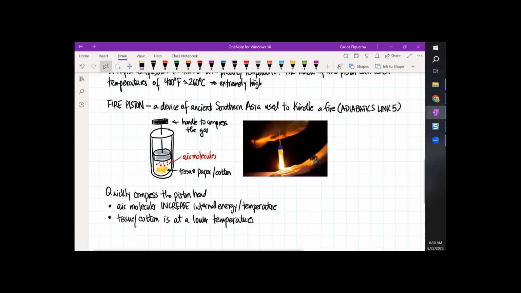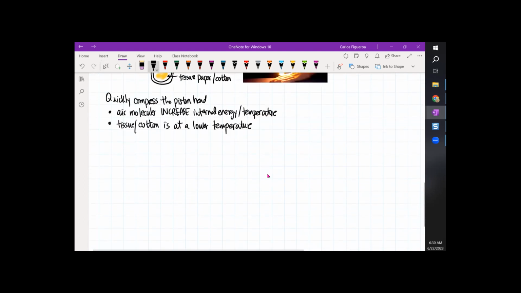As a consequence, you're now going to transfer kinetic energy from high to low, to the tissue cotton.